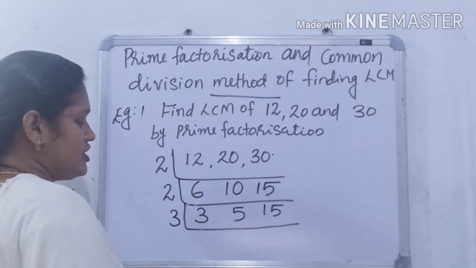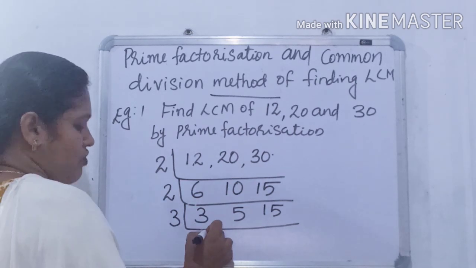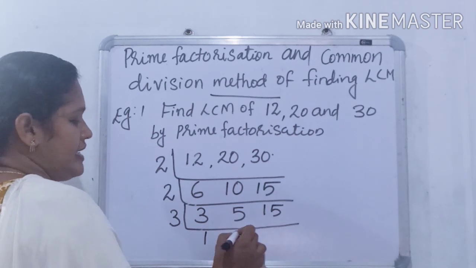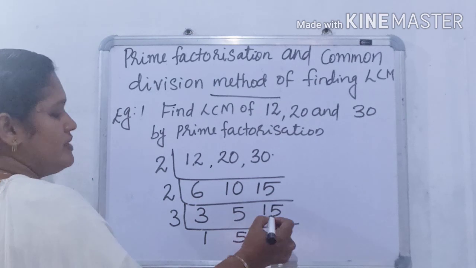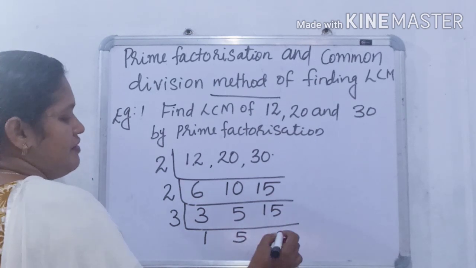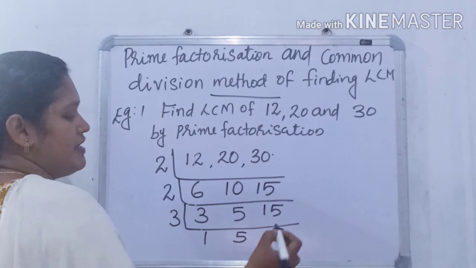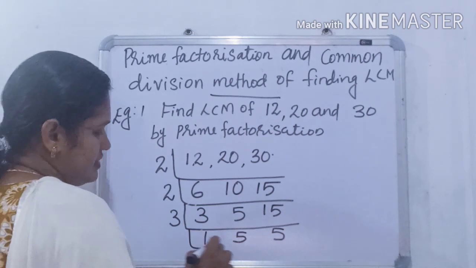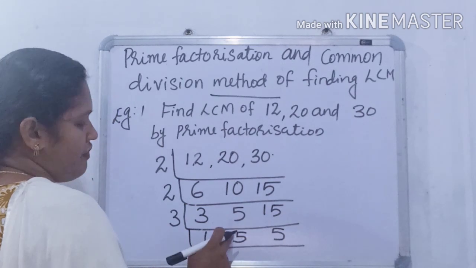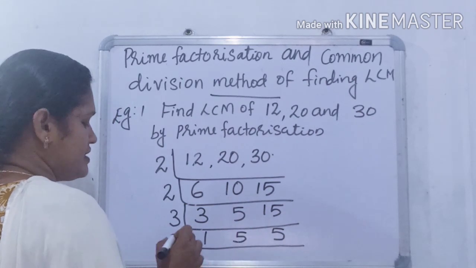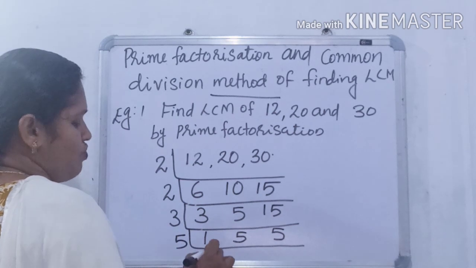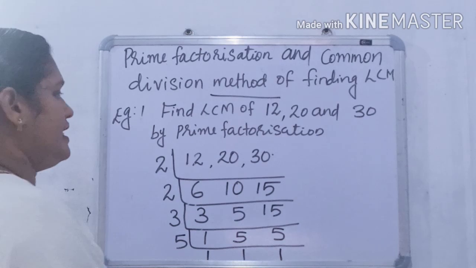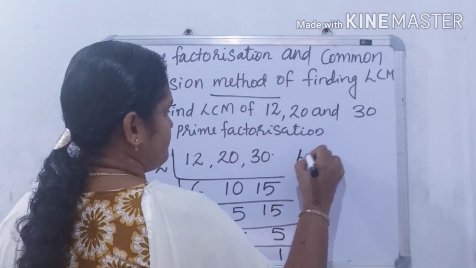In 3 how many 3's are there? 1 time. 5 is not divisible by 3, so write down 5 like this. How many 3's are there in 15? 5 times 3's are there in 15. Okay. Then here 1, 5 and 5. 5's are divisible by 5. 1, 1, 1. Clear?